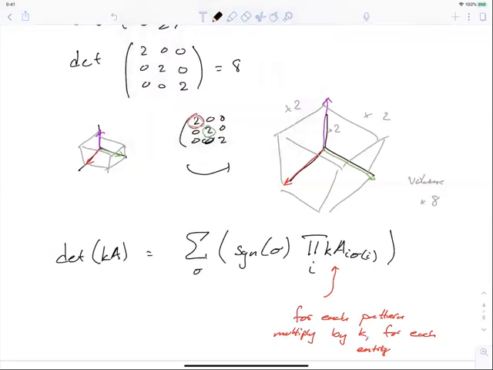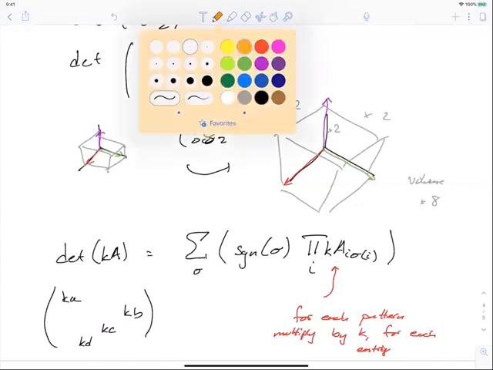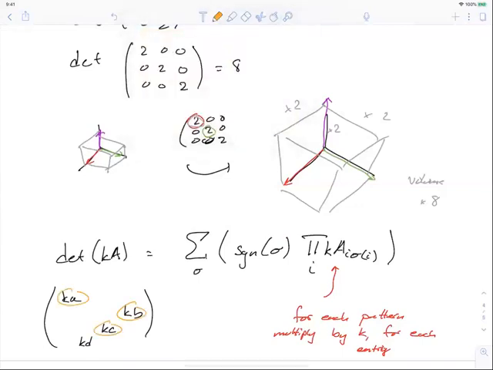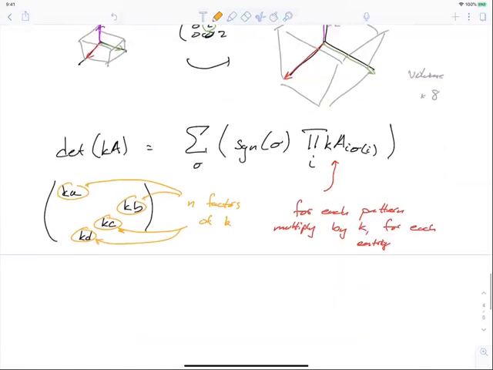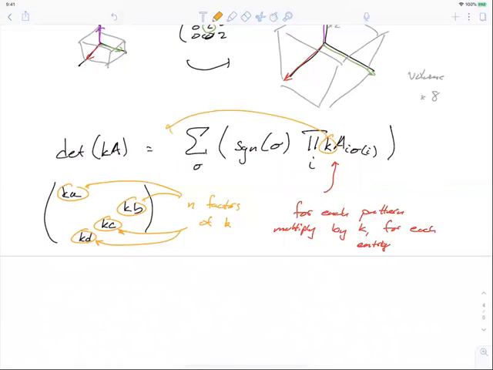So when you multiply a matrix by k, every entry is going to be multiplied by k in your pattern. So when you multiply the entries of each pattern together, you're going to get n factors of k, one for each entry. And so you can, in some sense, pull out this k, but you have to have n factors of k.